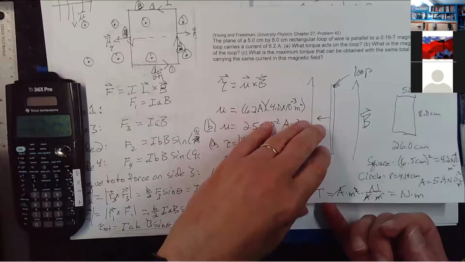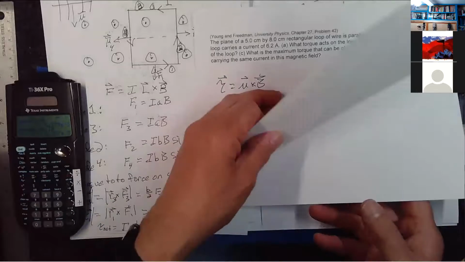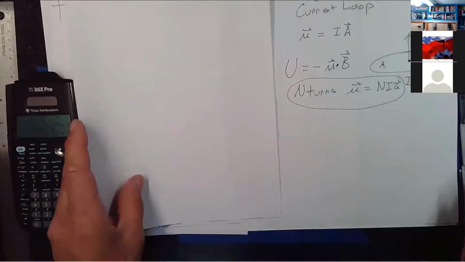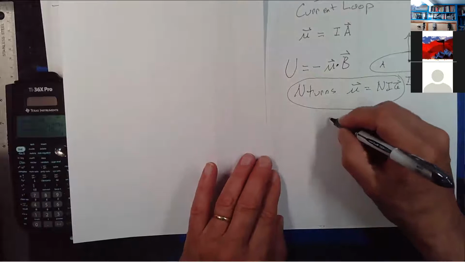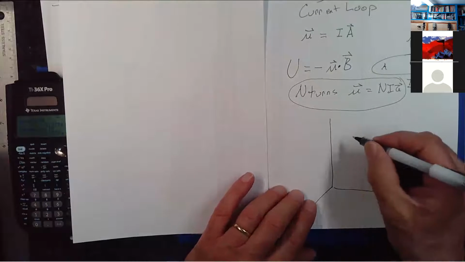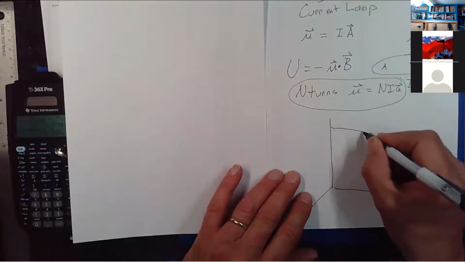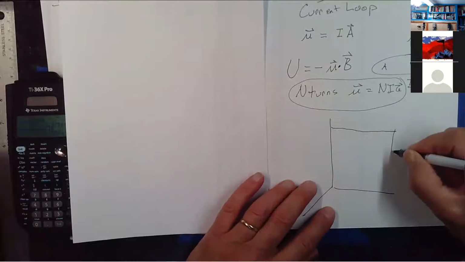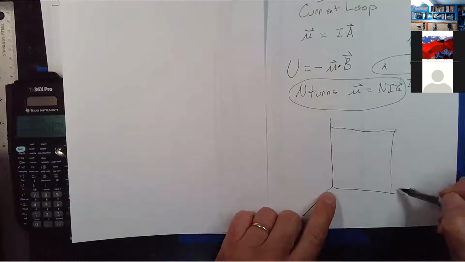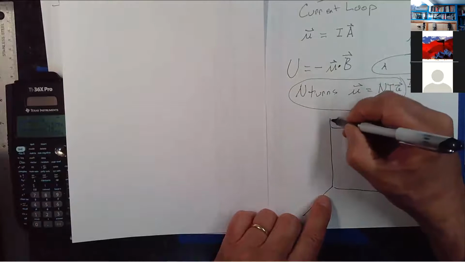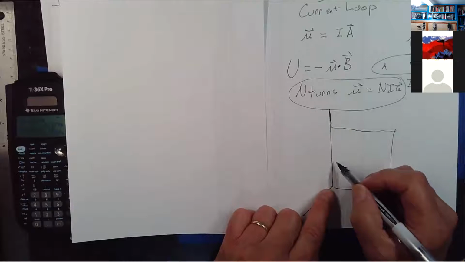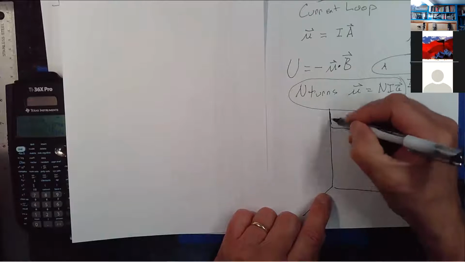One of the homework problems I want to talk about at least has a thing where I'm not sure if this is the exact deal, or the sketch, but it has a current loop that looks like this, and it's supposedly hinged along this particular line.